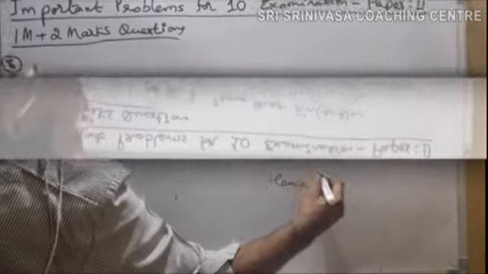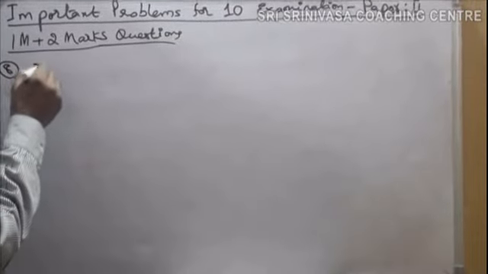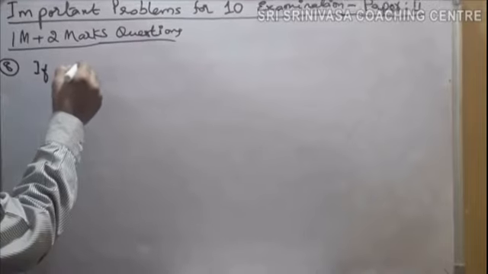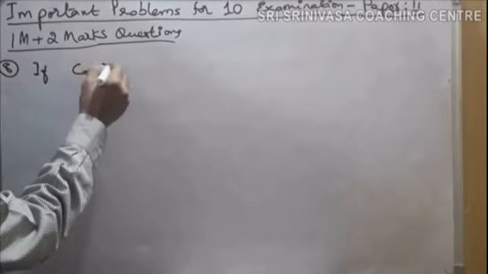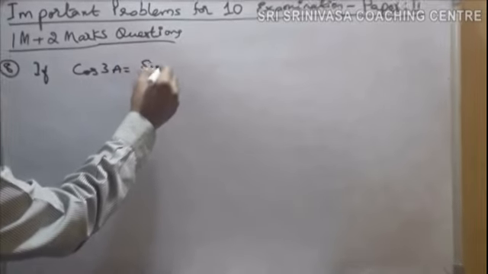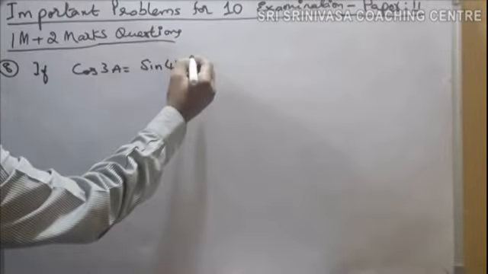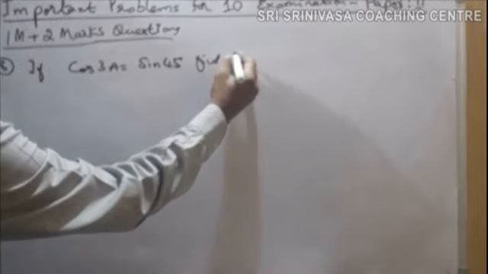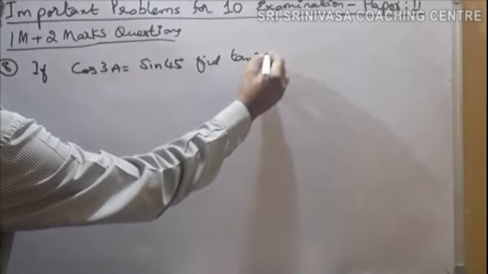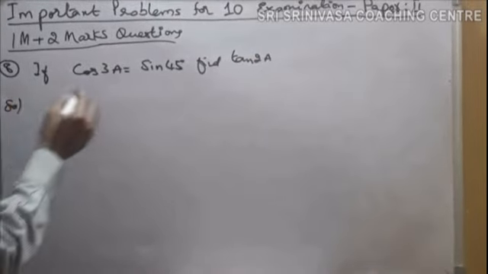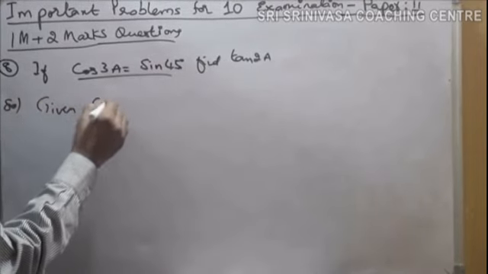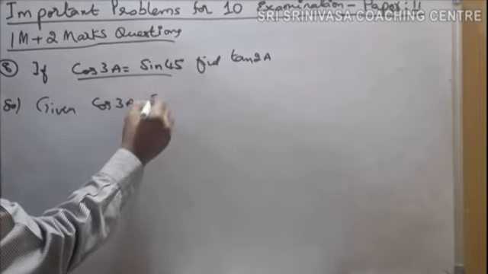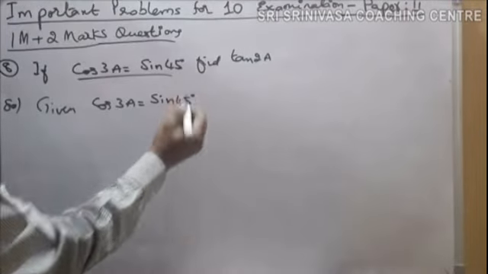So for the next sum, it is given that cos 3a equal to sin 45, asking to find tan 2a. Now look at this. Given cos 3a equal to sin 45.